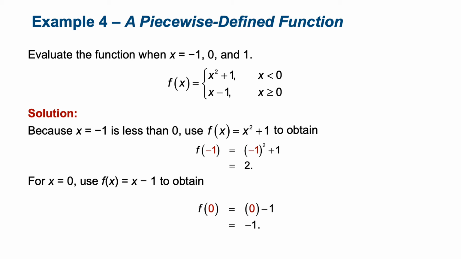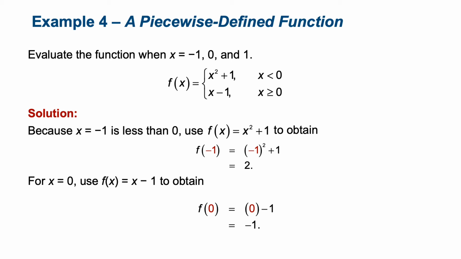Here, -1 is less than 0, so I'm going to use x squared plus 1 to evaluate -1. I use the top one to get f of -1, which is (-1) squared plus 1, which is 2.